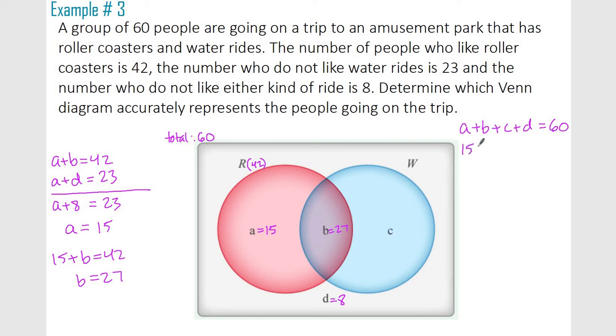And we've already got A, B, and D. So now we just solve for C, and we get 10. Okay, so it helps to try and find your own answer first before you look at all the multiple choice options. Okay?